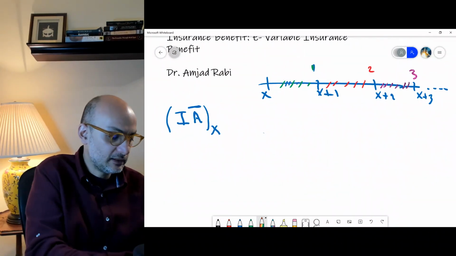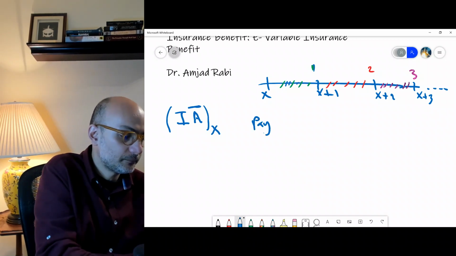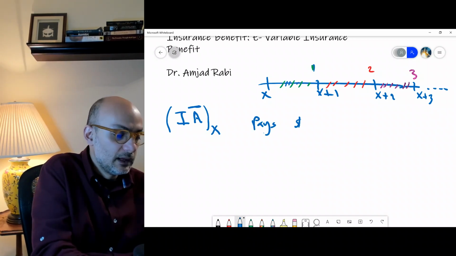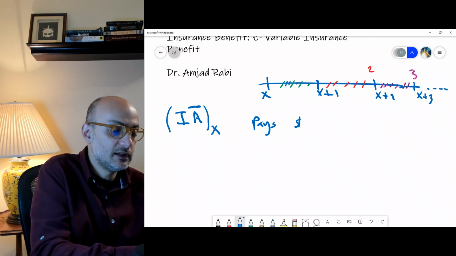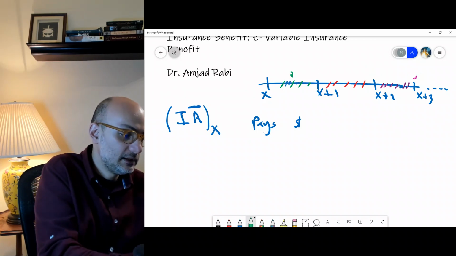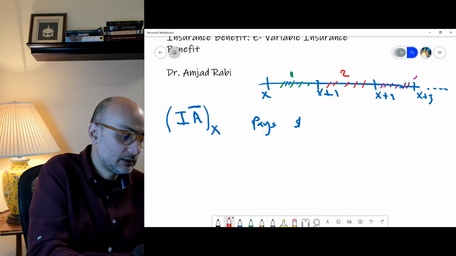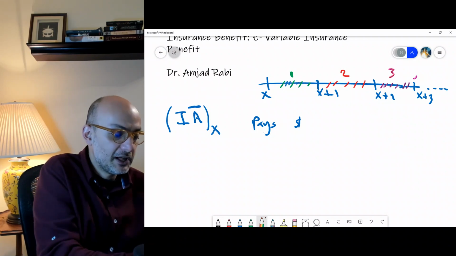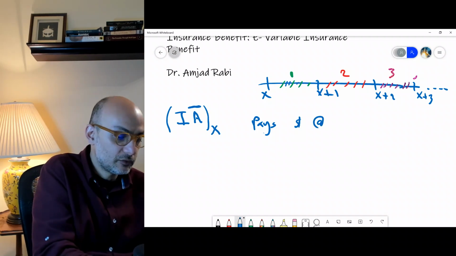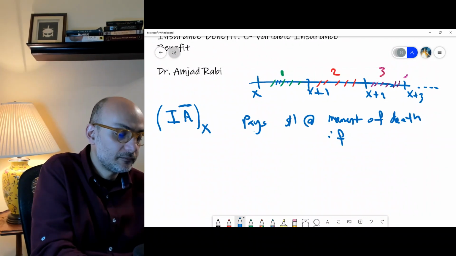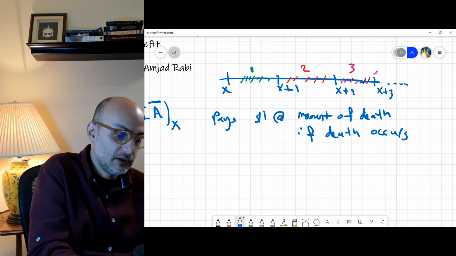So it pays $1, and because there is a bar here, it's not at the end, but rather 1 here, 2 here, 3 here, because there is a bar on top of the A. It pays $1 at moment of death if death occurs in the first year.